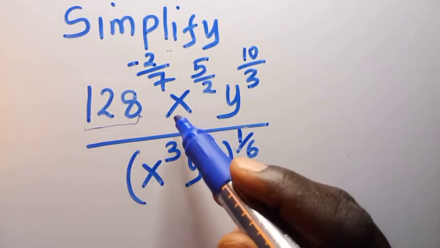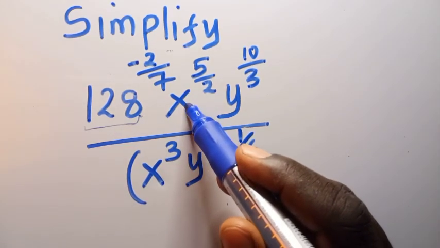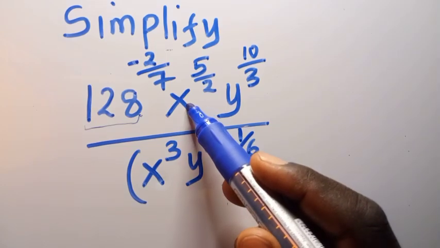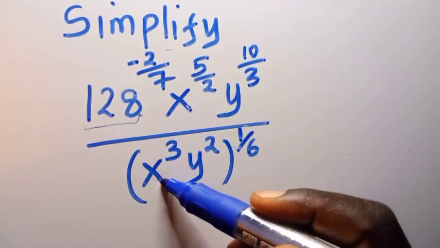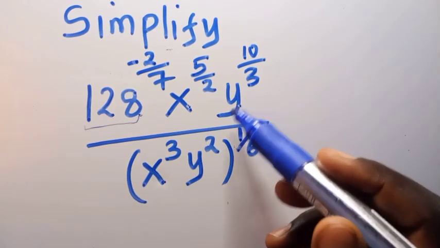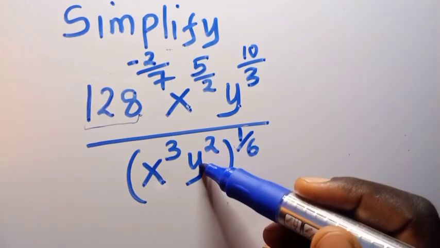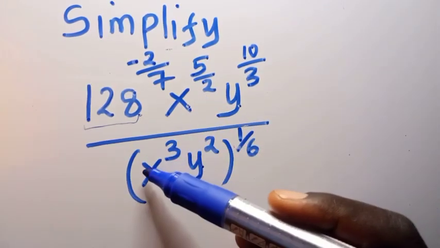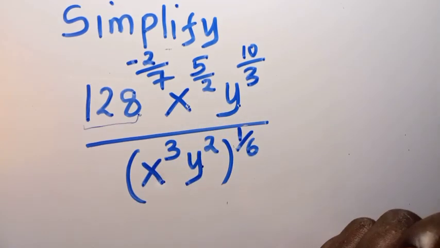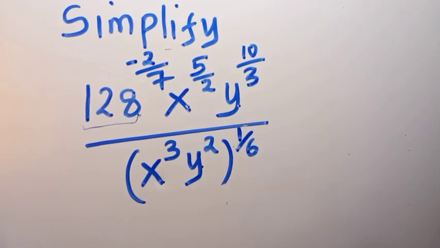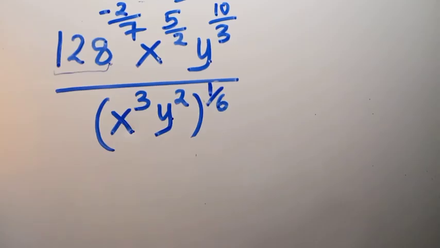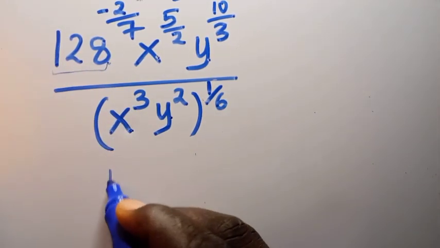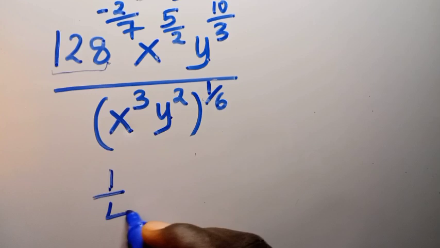Then let us proceed to simplify x and y. Because there is x in the numerator and in the denominator, and y in the numerator and in the denominator, and this is division, we can just divide the like terms directly. Instead of 128 raised to negative 2 over 7, we have a quarter, that is 1 over 4.